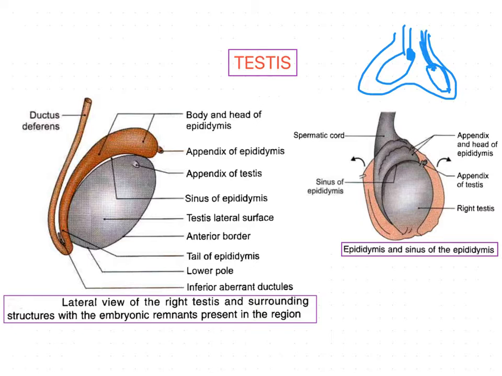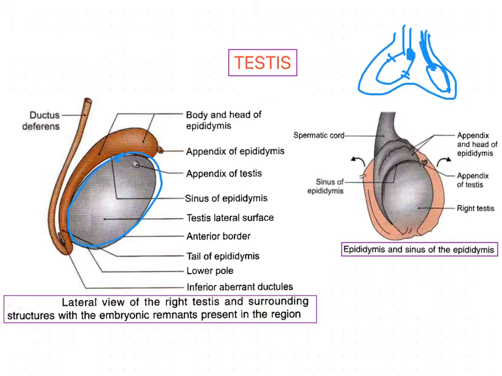If you see the shape of the testis, it is oval in shape. This is the lateral view, and it is compressed from side to side.